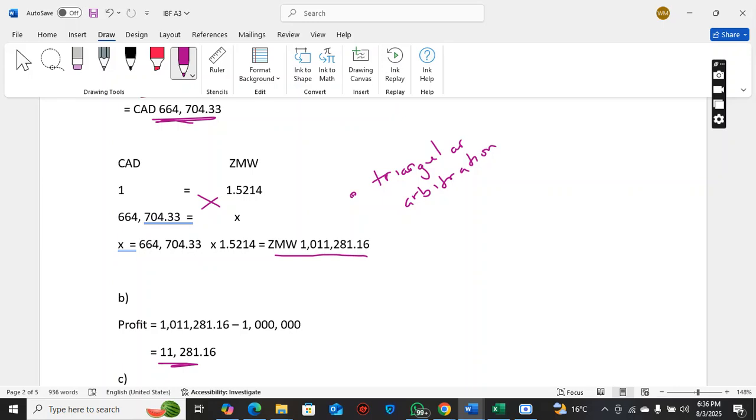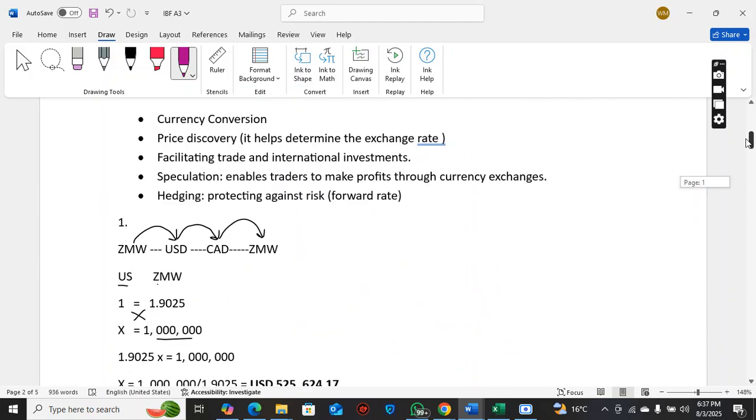Sometimes you can do it with two, sometimes four, five. Depends how well versed you are in the forex market. But triangular arbitrage is where you convert currency A to currency B, then currency B to currency C, then from currency C back to currency A, as we did here. Kwacha, US dollar, Canadian dollar, then back to kwacha.